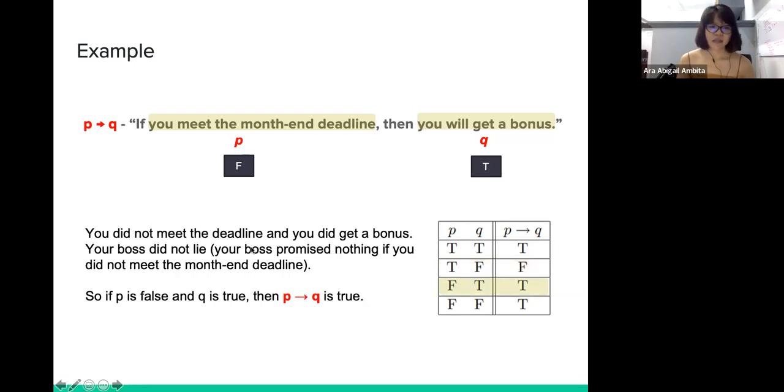Now, you did not meet the deadline, but you got the bonus. It's like saying you did not submit your requirements, but you still passed the subject. Well, your boss did not lie. Your boss promised nothing if you did not meet the month end deadline. So if P is false and Q is true, then the implication can still be true.